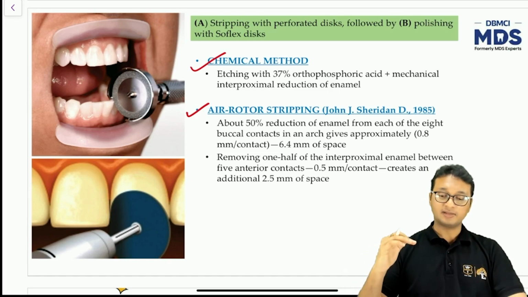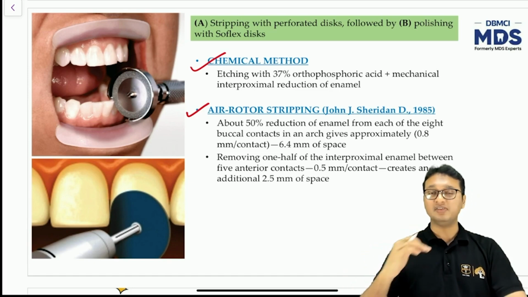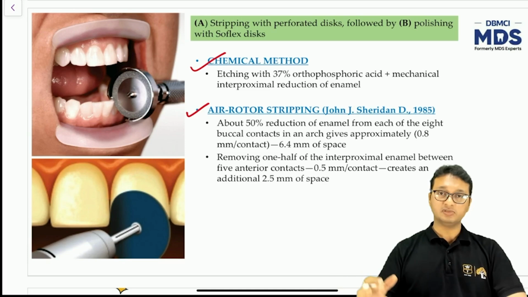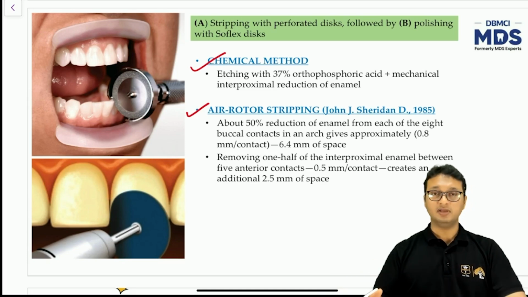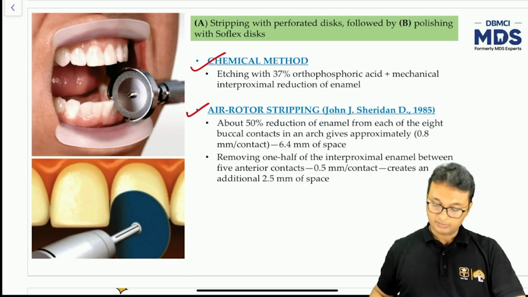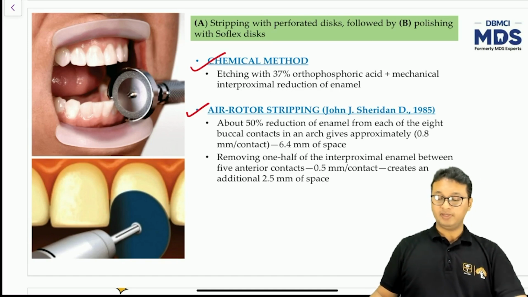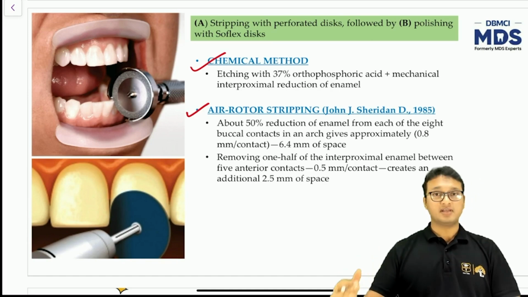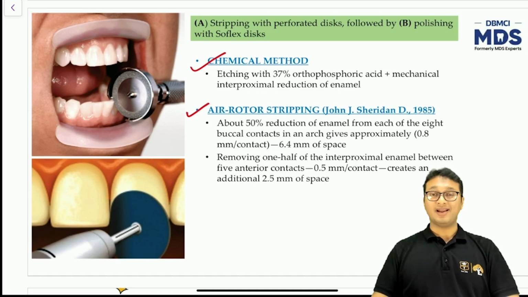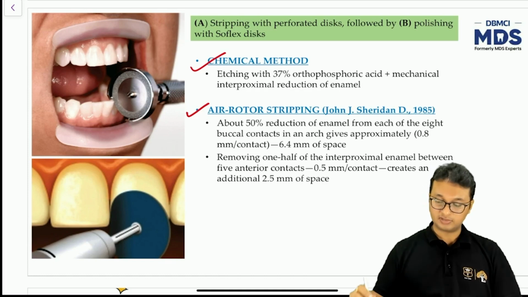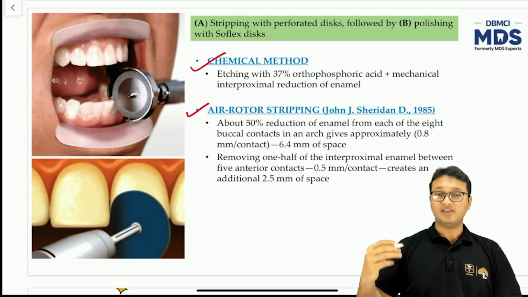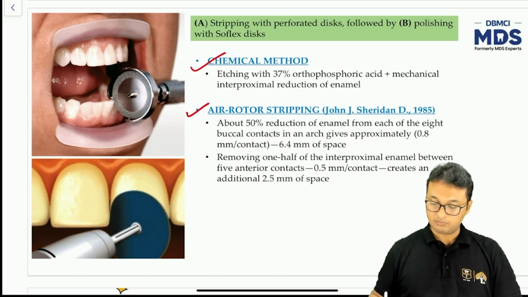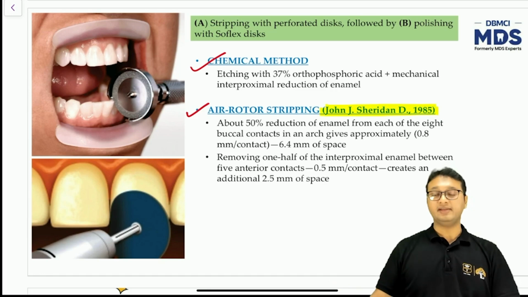It can remove a significant part of the tooth, and once the enamel is gone, there is no going back. Extensive study about air rotor stripping, its indications, contraindications and methodology, is very well documented in the literature by Dr. John J. Sheridan in the year 1985.